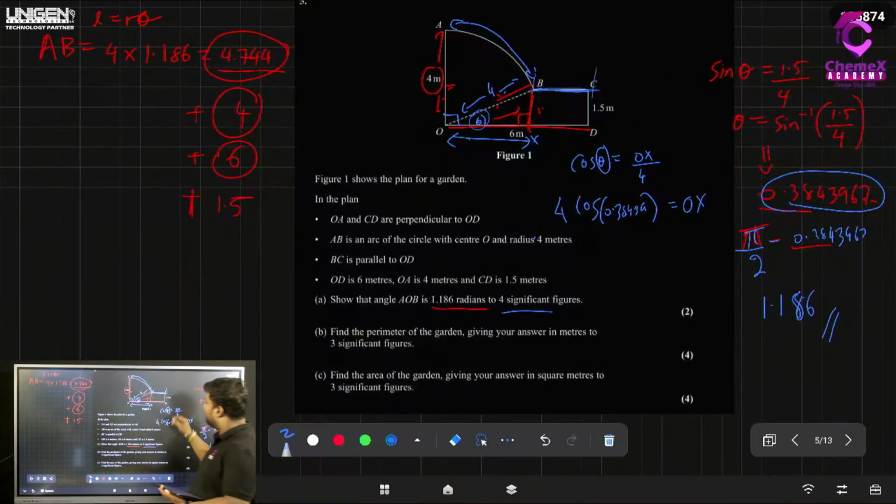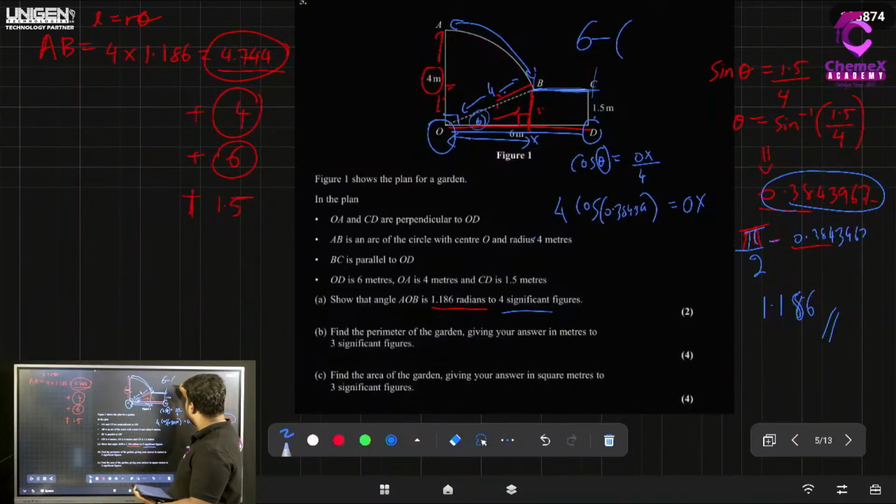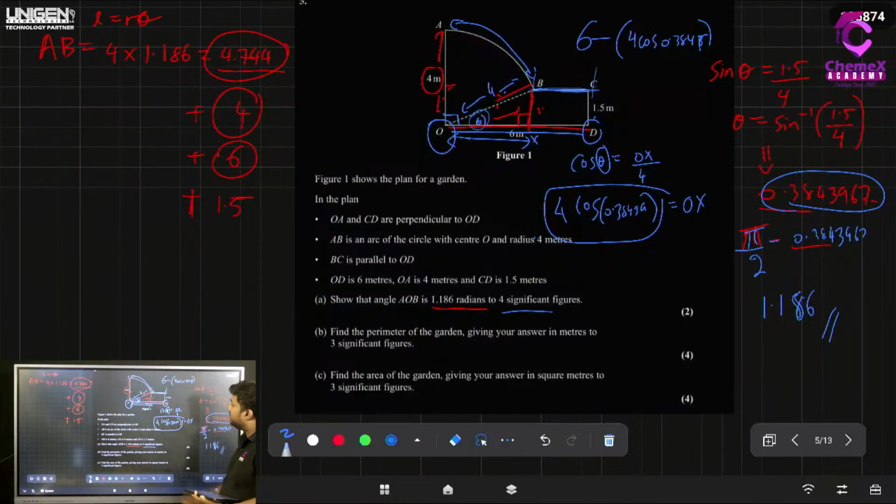Now, this entire thing from here to here is 6. So 6 minus that answer, what you got from here, 4 cos 0.38439, will give you the distance of BC, because BC and XD are equal in length.